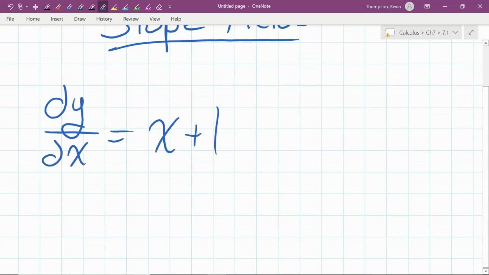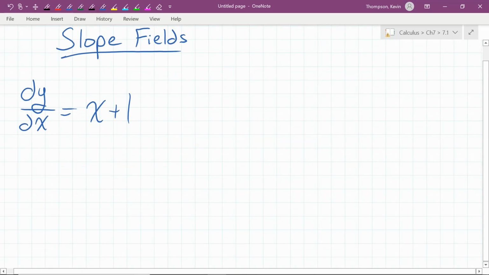So jot this one down again. And in relative decent size on your paper, I want to put some tick marks that go left and right, up and down 2 units. So scale these out nicely.